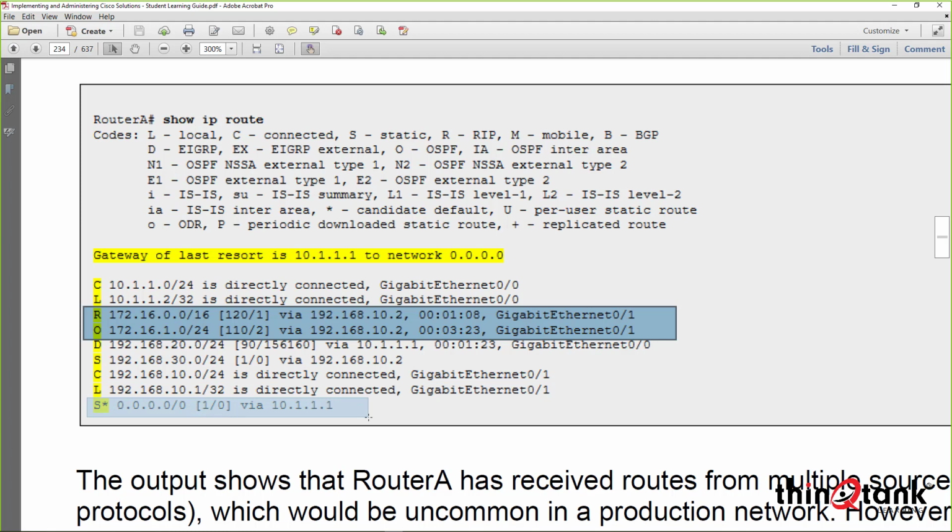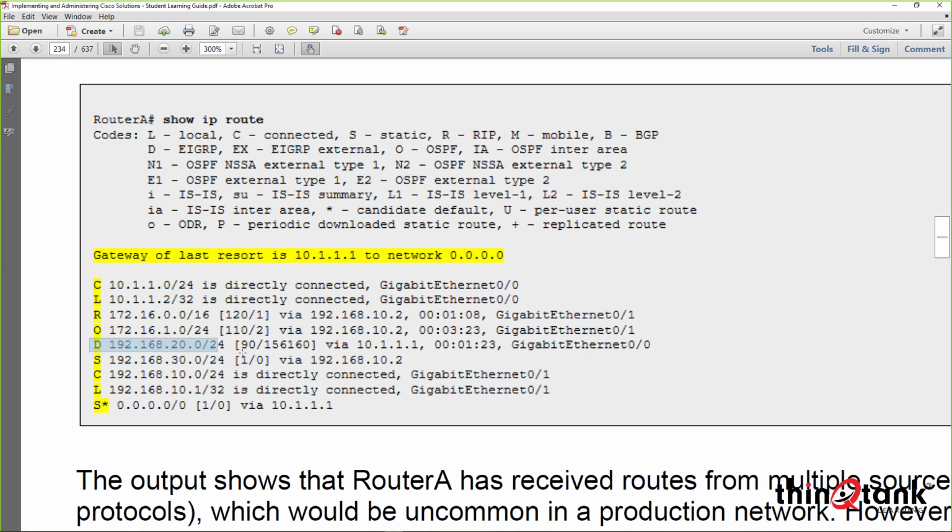So there's technically 3 routes that match the 172.16.1.1 packet. But this is the shortest match, so that's the last route I would ever use. That's why it's called the gateway of last resort. All right? So longest match routing always is going to be a deciding factor.